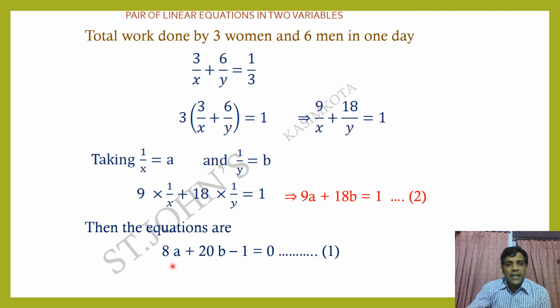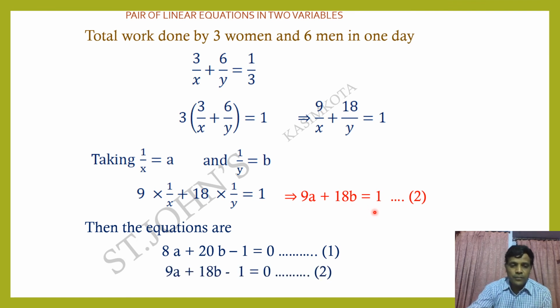Okay, 8a plus 20b minus 1 equals 0. Similarly 9a plus 18b equals 1, and transposing 1 to the LHS it becomes minus 1. This is written as 9a plus 18b minus 1 equals 0. This is the second equation. Now you have to apply the cross multiplication method.